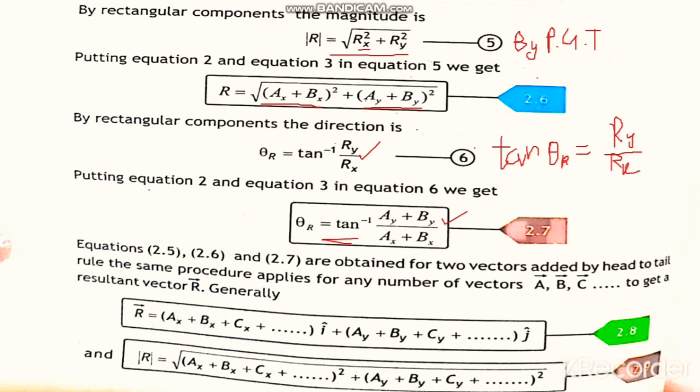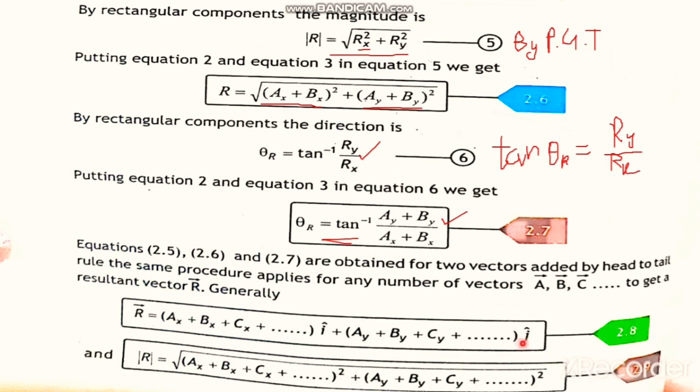If there are more than two vectors, vectors A, B, C, D and so on, then the resultant will be the sum of the x components Ax plus Bx plus Cx plus Dx and so on. So the sum of the x components of all the vectors added by the head to tail rule along the x-axis, times the i unit vector, plus the sum of all the y components, that is Ay plus By plus Cy plus Dy, times the j unit vector.